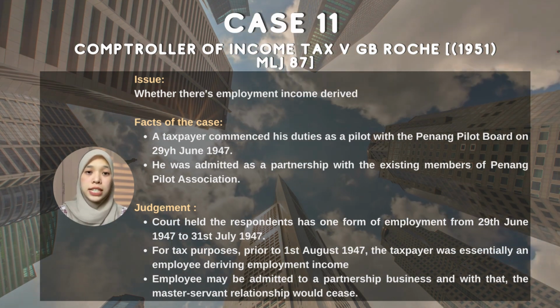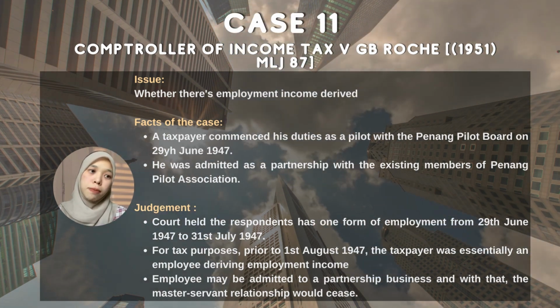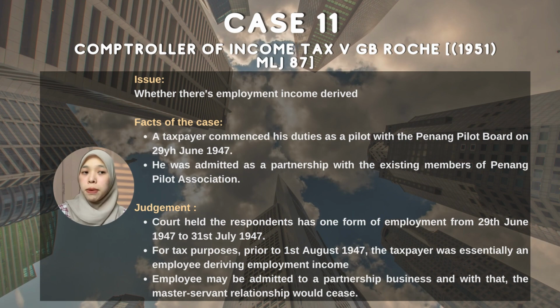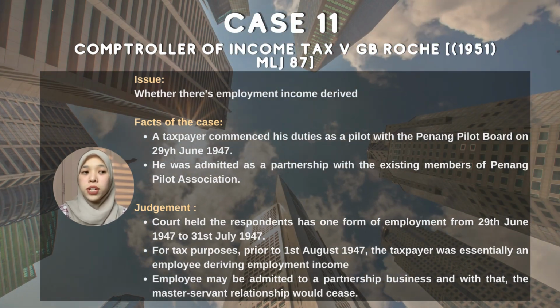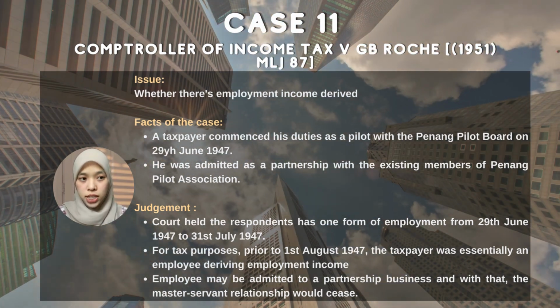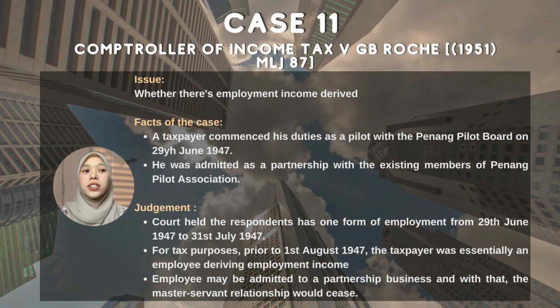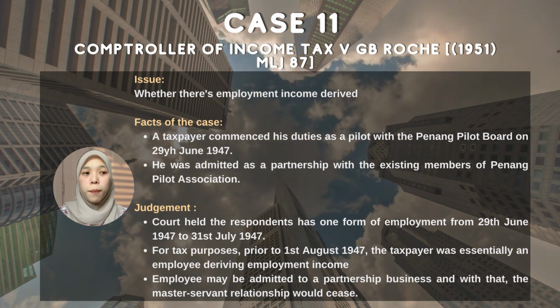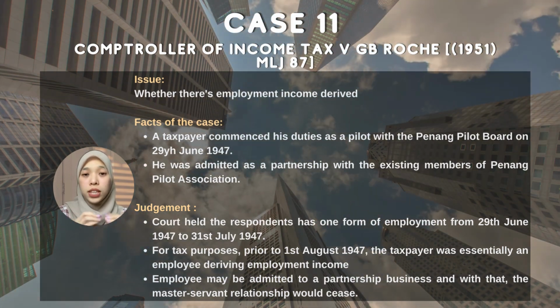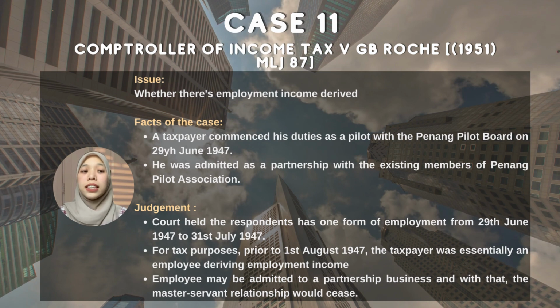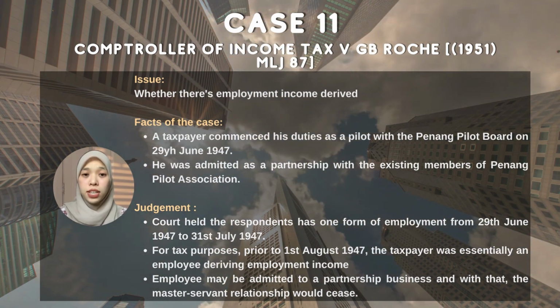But on 1st August 1947, the taxpayer was admitted as a partner in the partnership with the existing members of the Penang Pilot Association. So, the court held that the respondent has one form of employment, which is from 29 June 1947 until 31st July 1947.